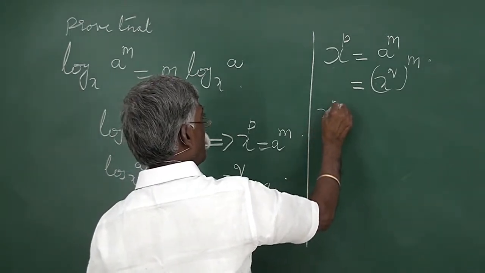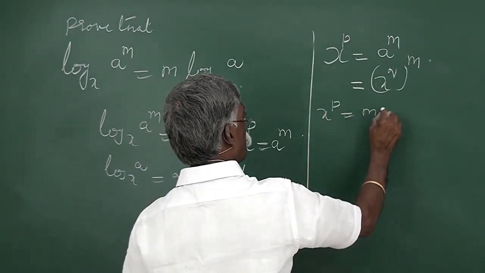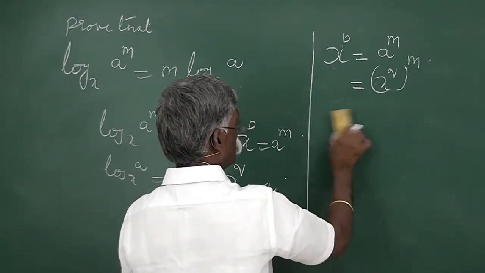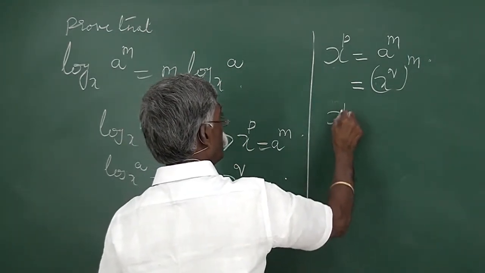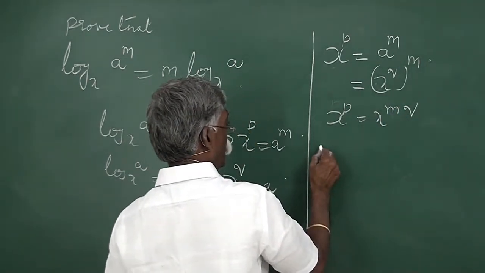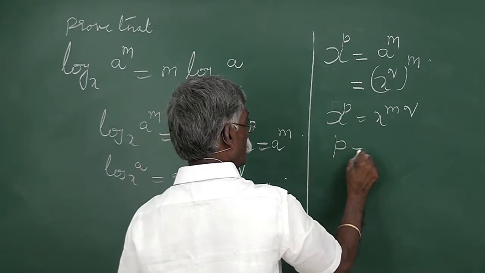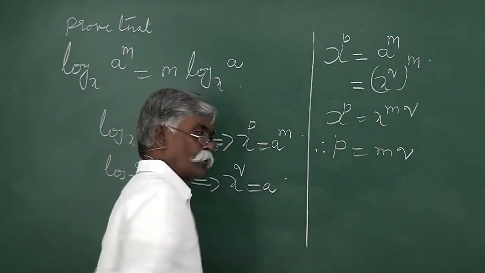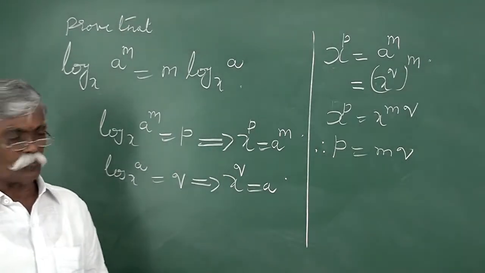Therefore, x power p is equal to x power mq. That is, p is equal to mq. So this is the result which we got.